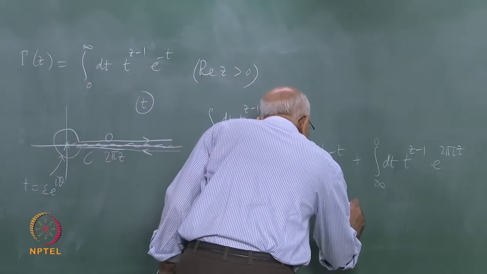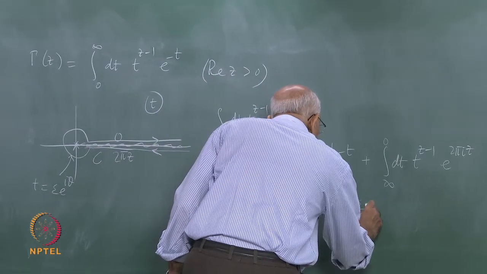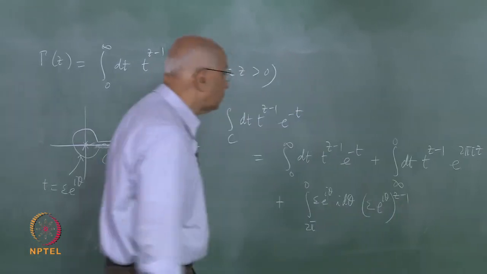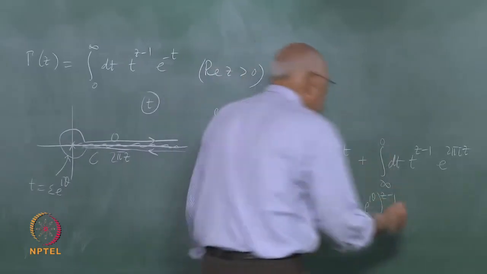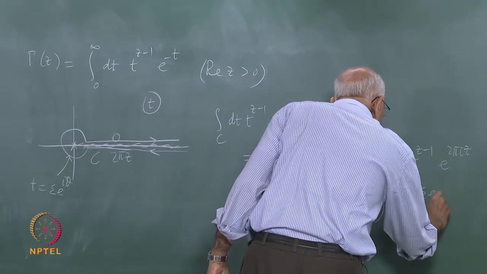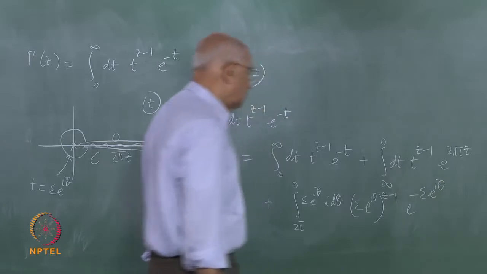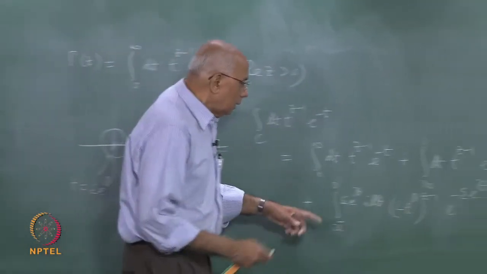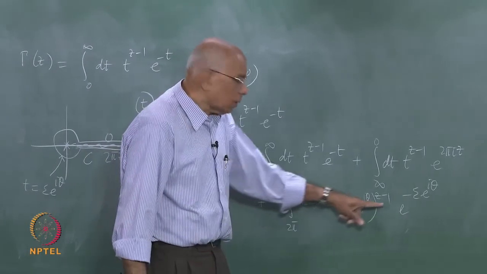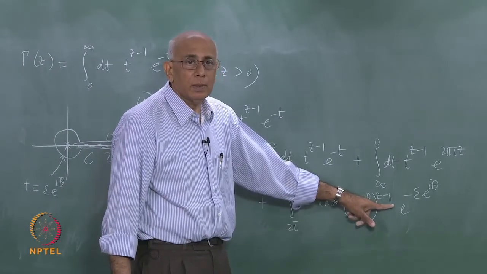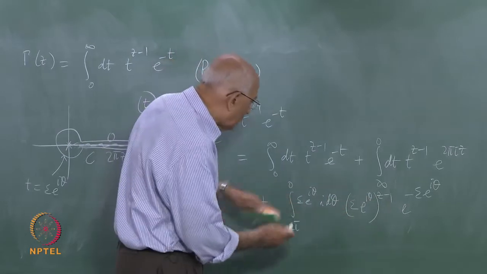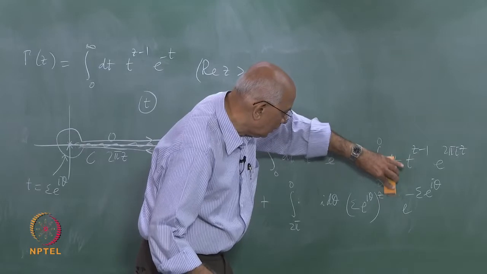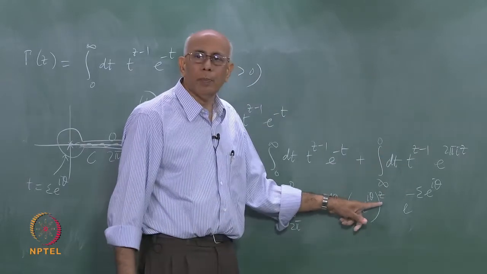So you have epsilon e to the i theta to the power z minus 1 times e to the minus epsilon e to the i theta. There is an epsilon here and there is an epsilon to the minus 1 here. So those two cancel out, and you are left with an epsilon to the power z.